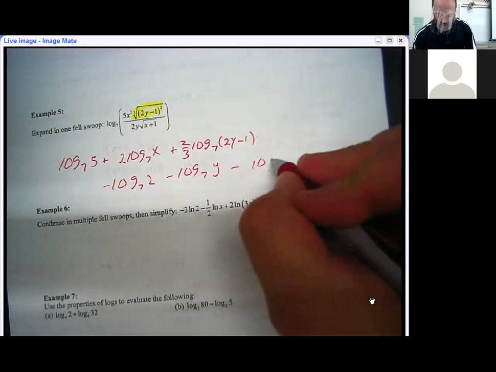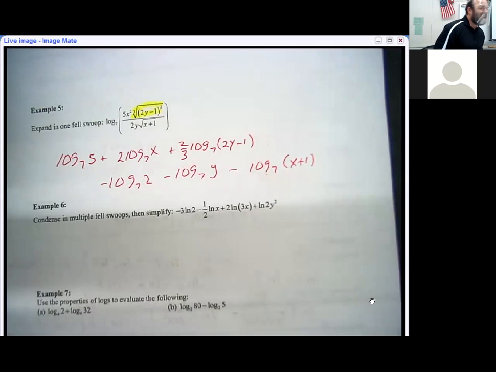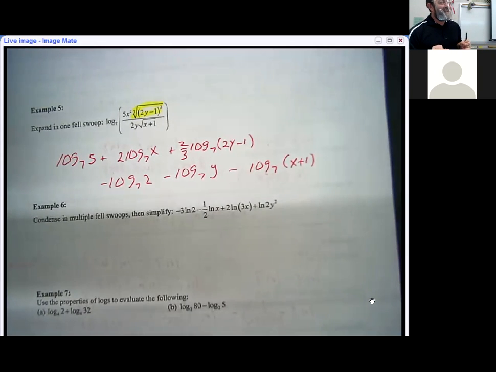Minus the log base 7 of x plus 1. What do I do with the square root? What is a square root, everybody? It's a half power. So where does the power go? In front.